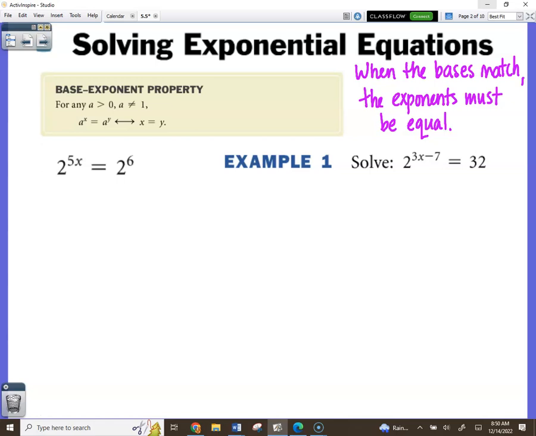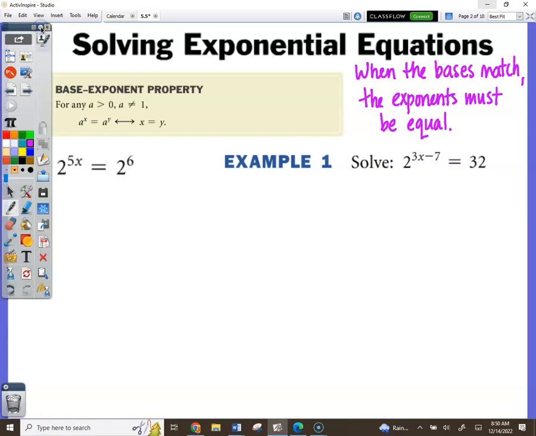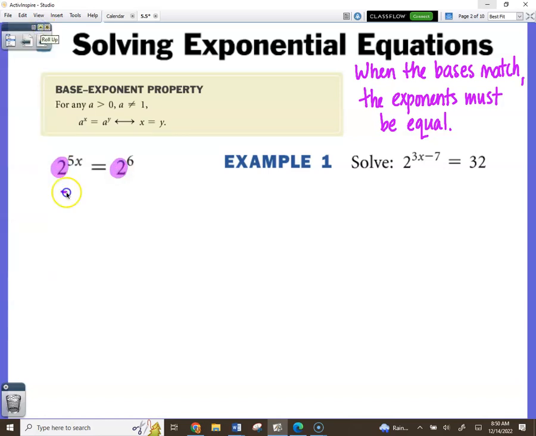So you take a highlighter: that matches that, so 5x must be equal to 6. You pull the exponents down, they have to be equal, and then you solve. So x has to be this ugly fraction. Although it is ugly, it is the answer.